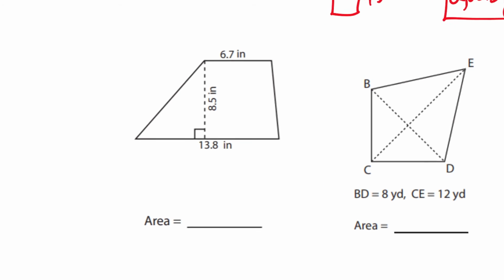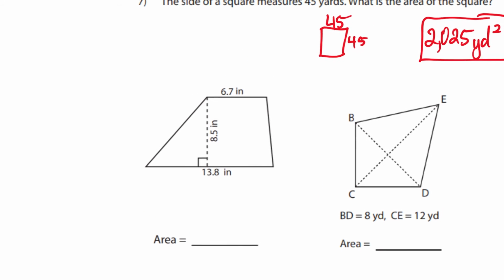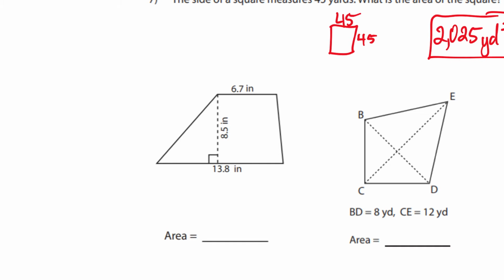Okay, now for this trapezoid. So how are we going to set up to find the area on this one? 8.5 times 6.7 plus 13.8. Okay, good. So 6.7 plus 13.8 in parentheses times the height of 8.5, all divided by 2.